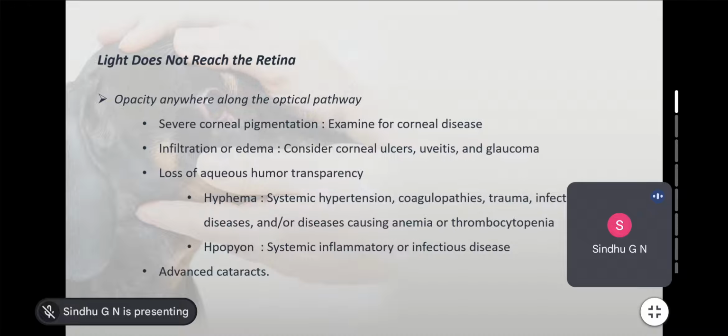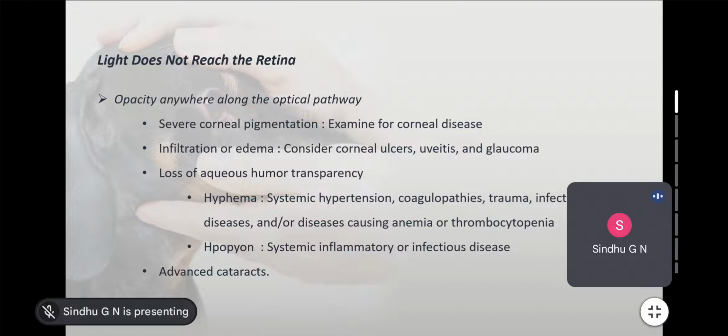So if it is corneal pigmentation, we have to examine for any corneal diseases. If it is edema, consider corneal ulcers, uveitis and glaucoma. Then hyphema can be due to systemic hypertension, coagulopathies, trauma, infections, or diseases that cause anemia or thrombocytopenia. Hypopyon can be due to systemic inflammatory or infectious diseases and advanced cataracts.